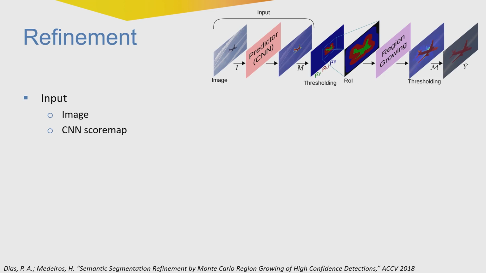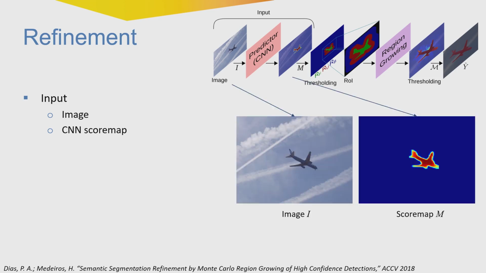The basic idea is you have the image available, of course, and the output of whatever network gives you a coarse segmentation, like this. In this square map here, whatever is in dark blue is a very low value of prediction, let's call it 0. What you have in dark red is 1 in the normalized scale, so a very high value of prediction, in this case for the airplane category.